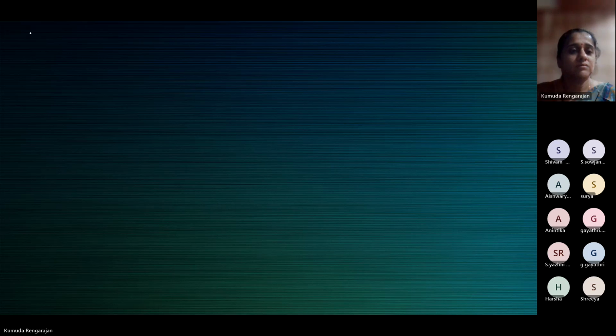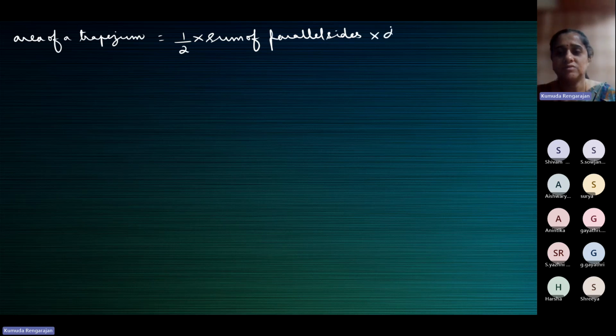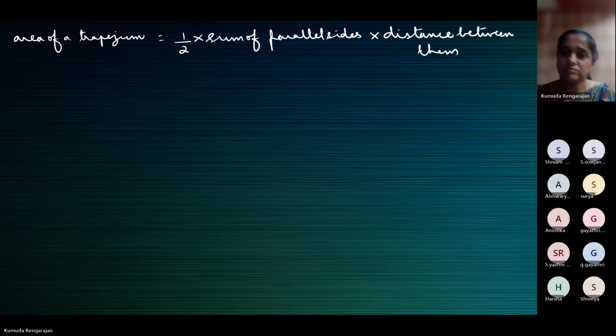Now, trapezium. What's the formula to find the area of a trapezium? Half into sum of the parallel sides into distance between them, square units.